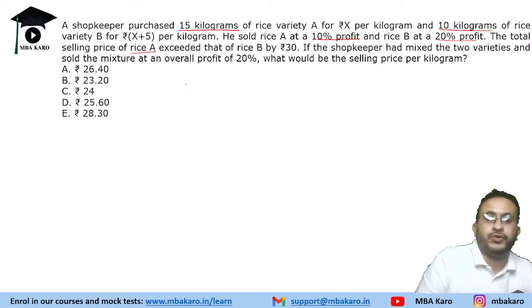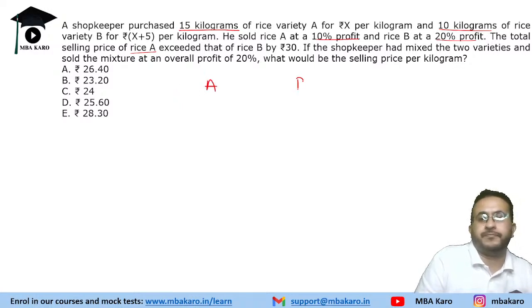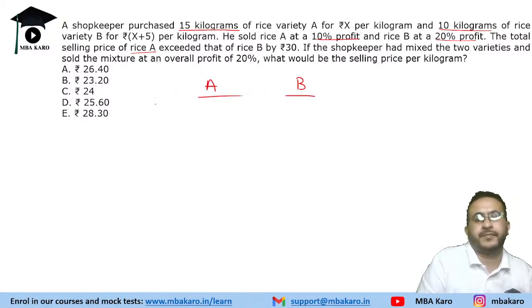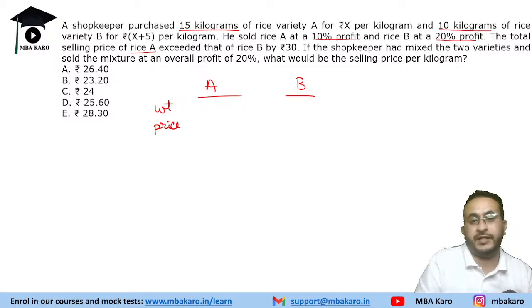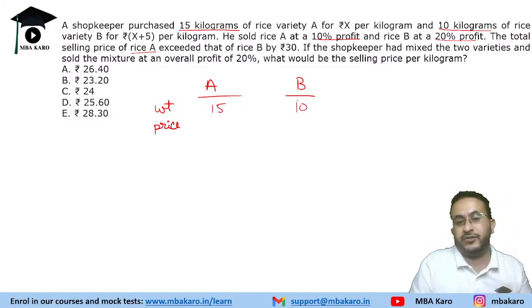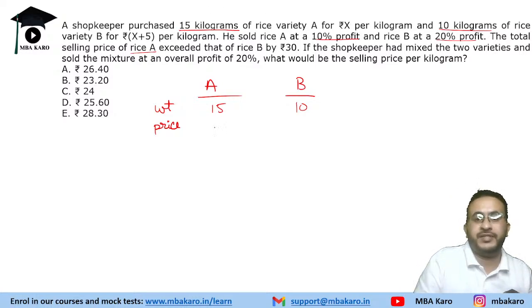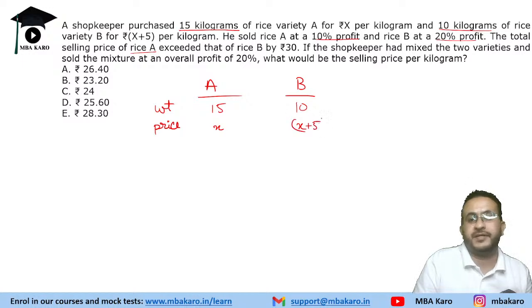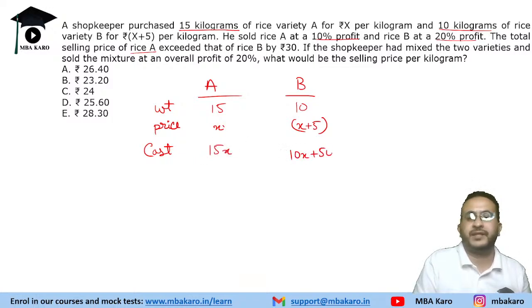Okay. So अगर A का अगर हम लेते हैं कि weight and price per kg, right? So weight is 15 kilogram. B, the weight is 10 kilogram. What is the price? x rupees, and the price is x plus 5 rupees, right? So what is the cost? Total cost will be the product of these, that is 15x, and this is 10x plus 50, right?